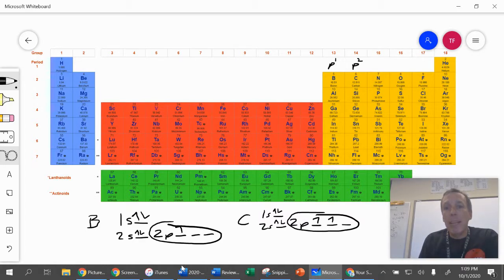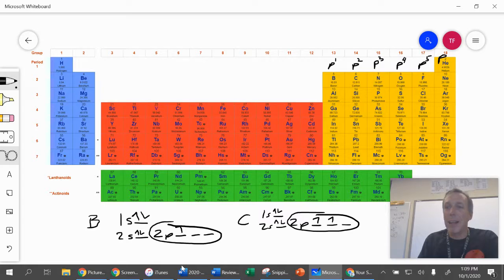Now, I hope you see that the first column was p1 and the second column was p2, and that you can start predicting that this column would end in p3, this column would end in p4, group 17 would end in p5, and group 18 would end in p6. I can't seem to write up there, so you're going to have to go with me that that would be p6.